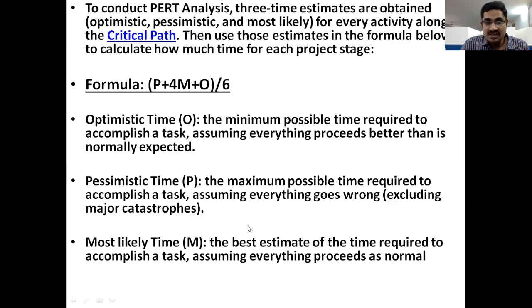Pessimistic time means maximum time, the longest time, plus 4 times normal time plus optimistic time, meaning the minimum possible time, the shortest time, all divided by 6.